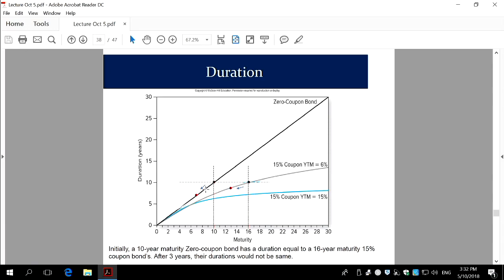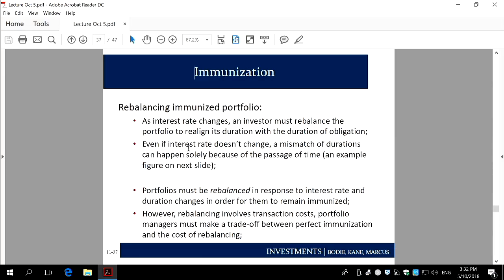That means if you really want to do the immunization, you need to recalculate and change your portfolio composition, right? So that is what rebalance means. Even if the interest rate doesn't change, a mismatch of duration can happen solely because of the passage of time, right? And so the portfolio must be rebalanced in response to the interest rate or duration change, in order for the portfolio to remain immunized.